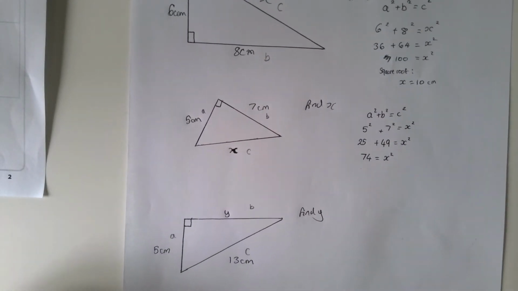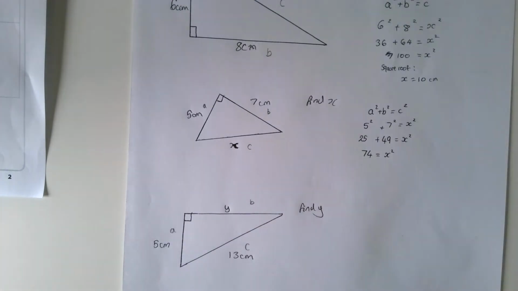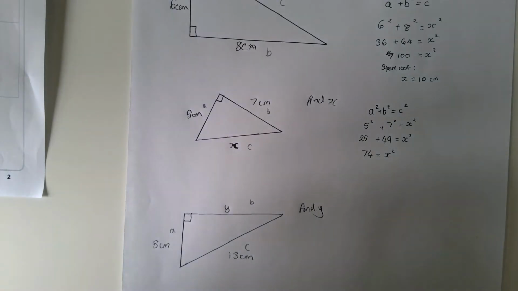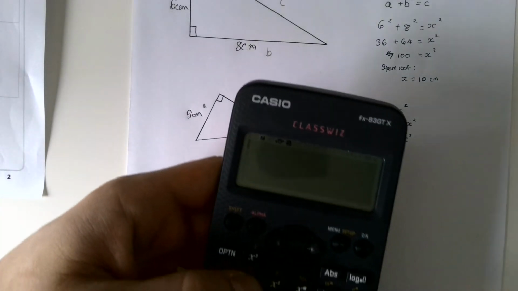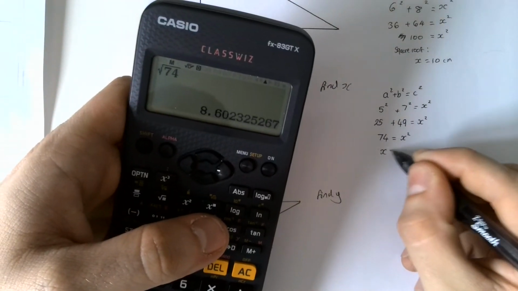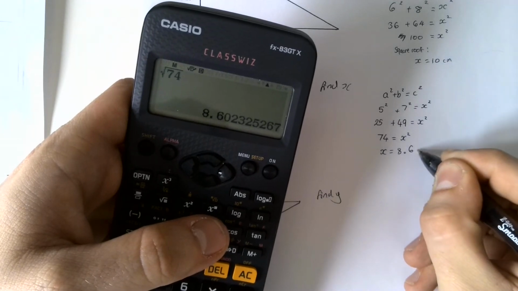Then I'm again going to have to square root. Now, I've got no idea what the square root of 74 is. I could have a bit of a guess, but there's no need. I've got the calculator. So I'm going to type in square root of 74. It's going to give me, using my S to D button, 8.6, so it's going to be 8.6 centimetres.